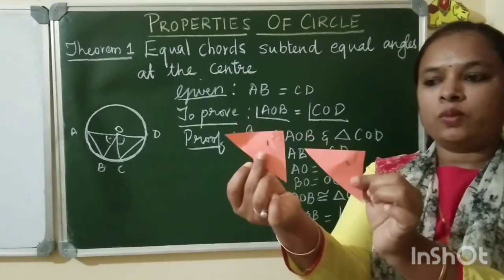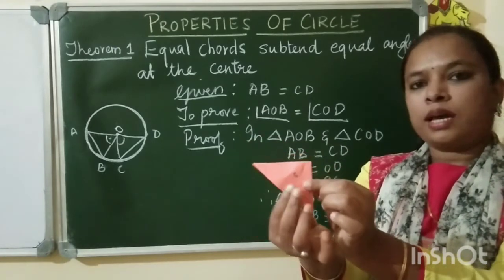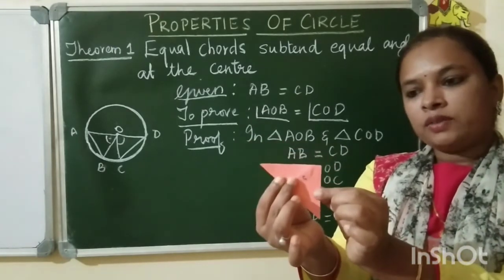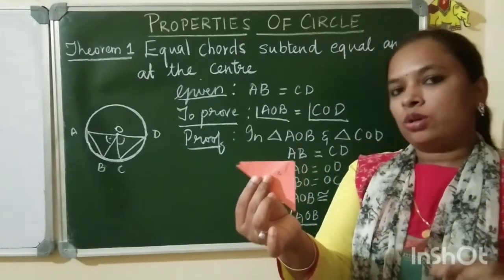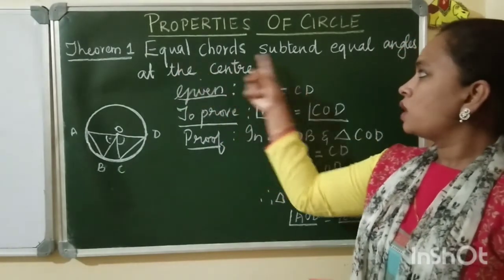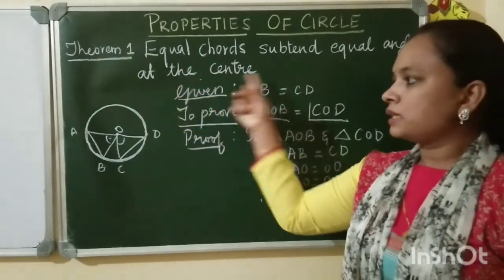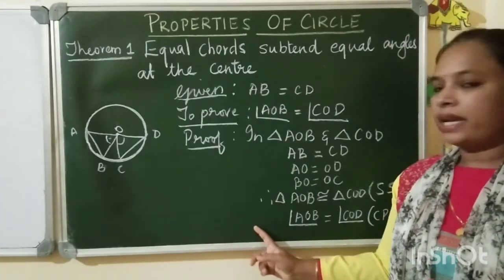This is triangle 1 and this is triangle 2. So these two triangles are congruent, which shows that the corresponding parts of congruent triangles are always equal. So from this you can verify that equal chords subtend equal angles at the center. So I hope you people have understood how to arrive at the result.